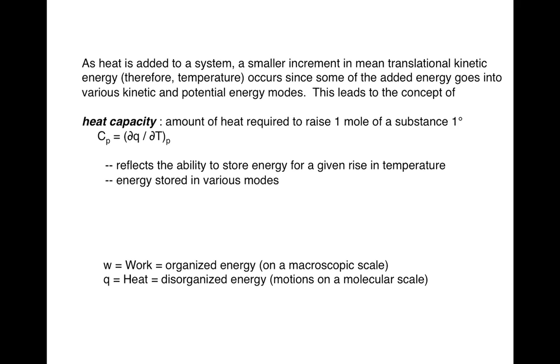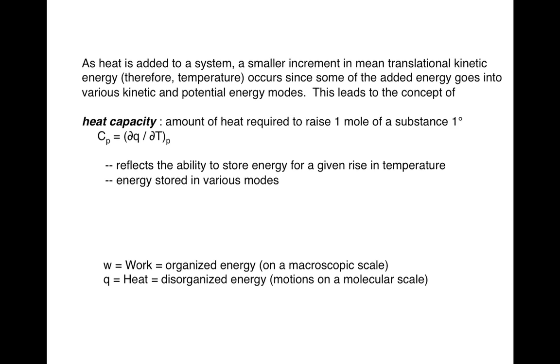And it's just given by the change in heat over the change in temperature at a given pressure in the case of CP, which is what one worries about in biochemistry. So again, the heat capacity reflects the ability to store energy in different modes for a given rise in temperature, okay?